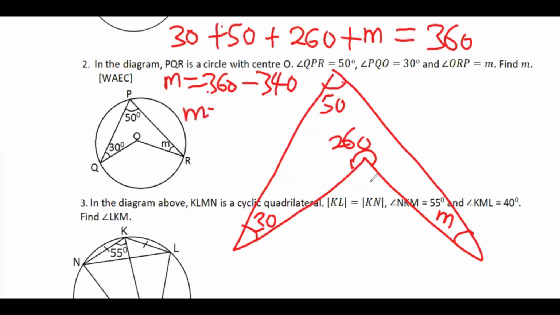So M will be 360 minus 340, which is 20 degrees, which is what we got in the first method. So that's another way of solving this type of problem. Okay, so we move on to example 3.